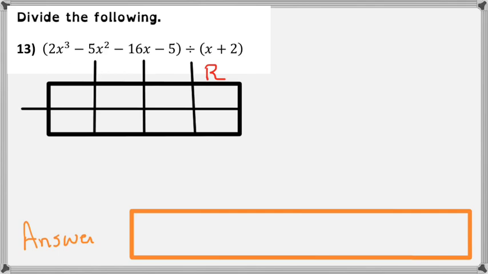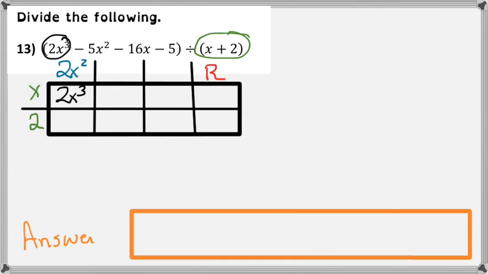This next bit, we're just going to be dividing. This is where we take our terms. We use the box. And so we're going to take the x and the 2 here. We're going to start with our 2x cubed. And 2x cubed divided by x gives me a 2x squared, I wrote that in the wrong spot.